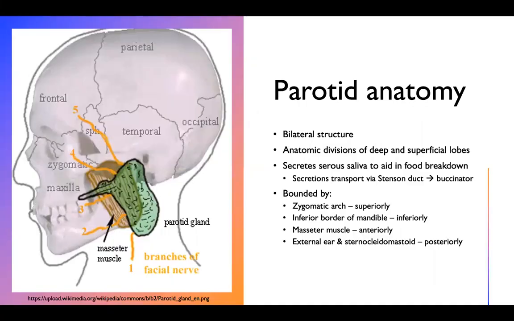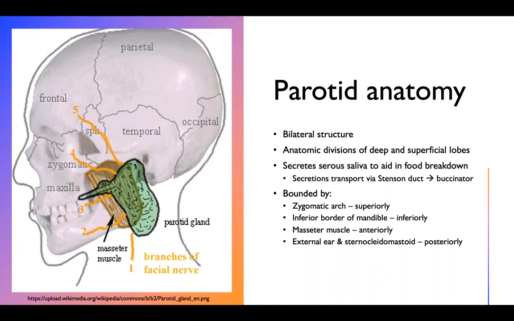So her pleomorphic adenoma was in her parotid gland, although it can be in other places. But just to give you an idea of the parotid anatomy, you have parotid glands on both sides of your face. It's a bilateral structure. There's the anatomic division of deep and superficial lobes. The main purpose of the parotid gland is to secrete serous saliva to aid in food breakdown.